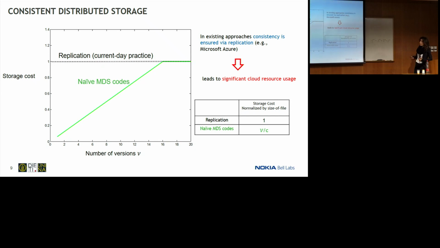Now, if instead you use classical MDS codes, which are designed for the case of a static library, then you will get some coding gain here when the number of versions of each file is low, which essentially means low dynamics in the system. But when the dynamics of the system increase, you get the saturation of the storage cost up to the replication approach. So now the question is: can we get a free lunch? Can we have both consistency and minimal additional resources?